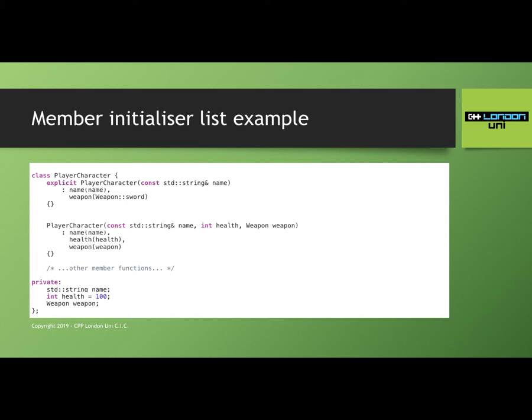In the initializer list, things appear as our member, and then either round brackets or curly braces, and then the second instance of name refers to the argument. So the first one means our member, that's the thing we're initializing, and the second bit is the one we're initializing it with.